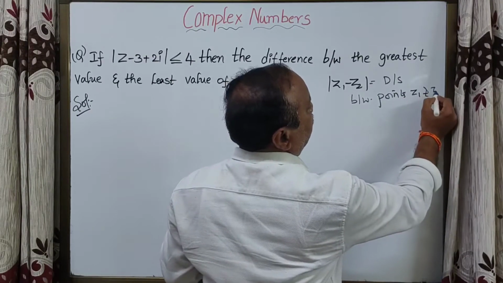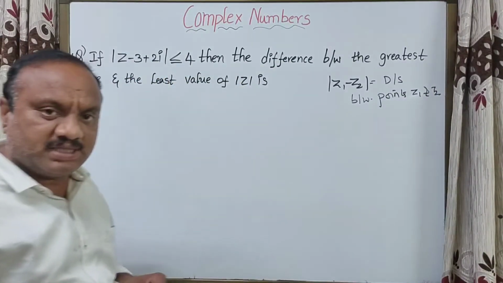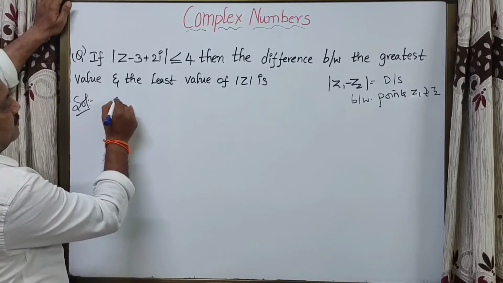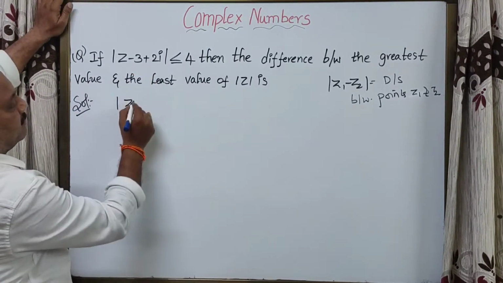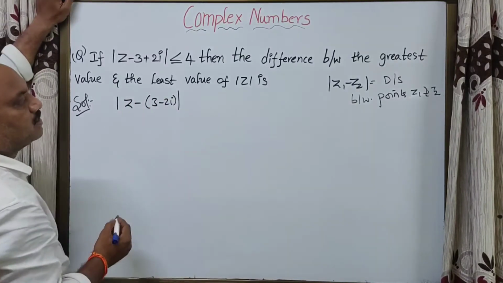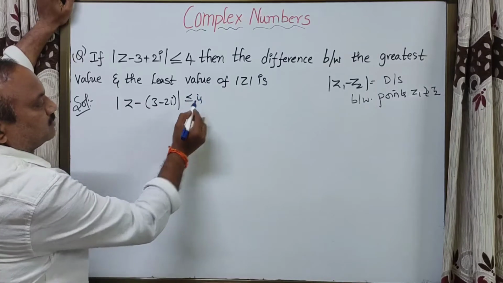Please remember that point. What is given here? Mod z, take minus common, 3 minus 2i, less than or equal to 4.